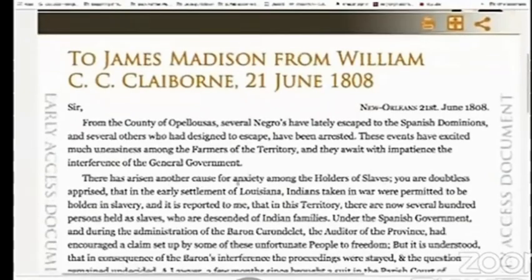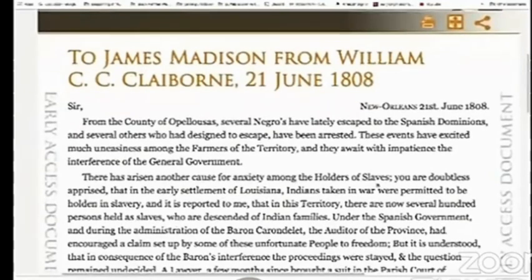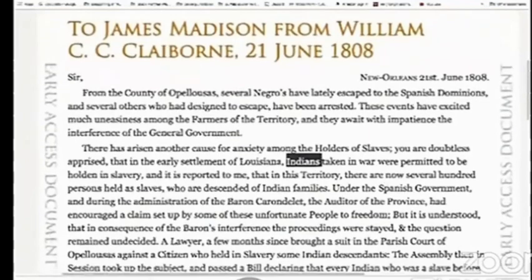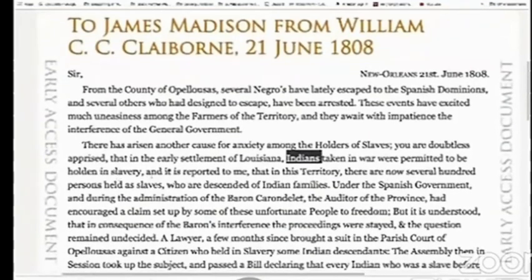There has arisen another cause for anxiety among the holders of slaves. You are doubtless apprised that in the early settlement of Louisiana, Indians taken in war were permitted to be holden in slavery. And it is reported to me that in this territory there are now several hundred persons held as slaves, talking about Indians, who are descended of Indian families.